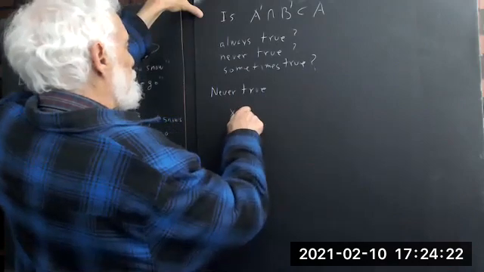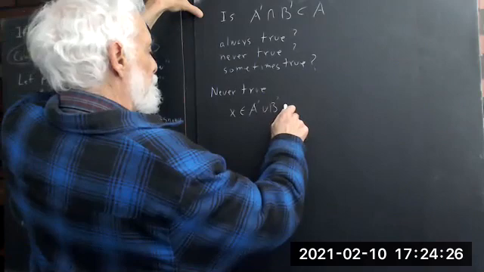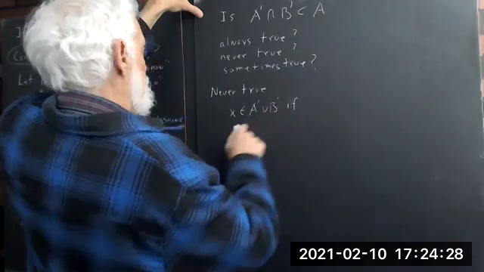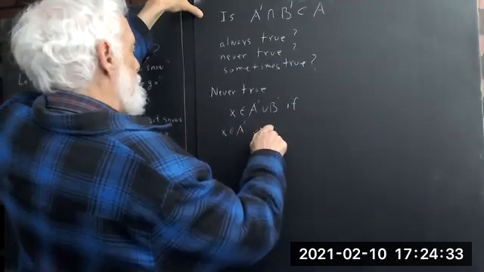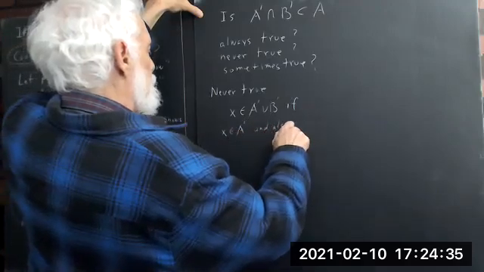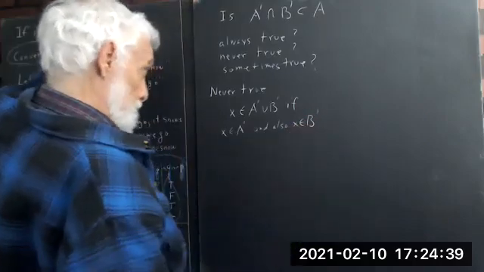Okay, so one way we could say this is, I can say this: X is a member of A prime intersection B prime if X is in A prime and X is also in B prime.